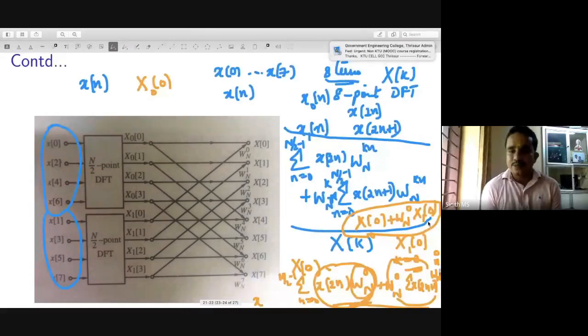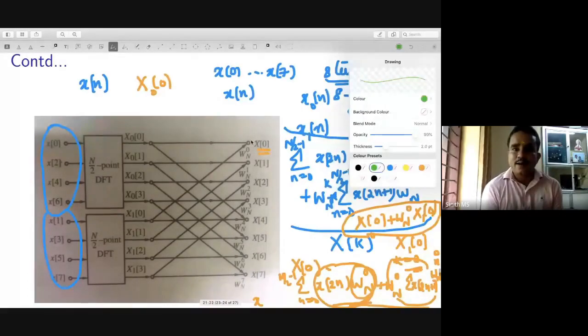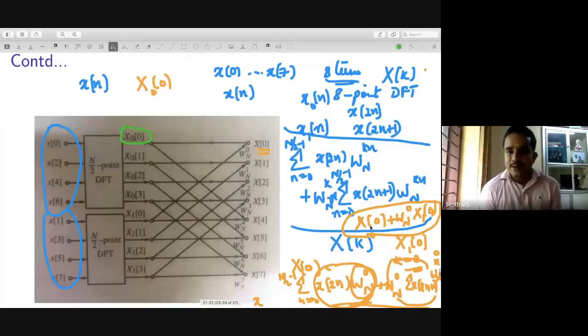So you can see that to find x0, what you're doing is finding x00 here, plus WN raised to 0 into x10. You have x10, which is the DFT of the odd terms. From that you find x10, which is the first term of the DFT.